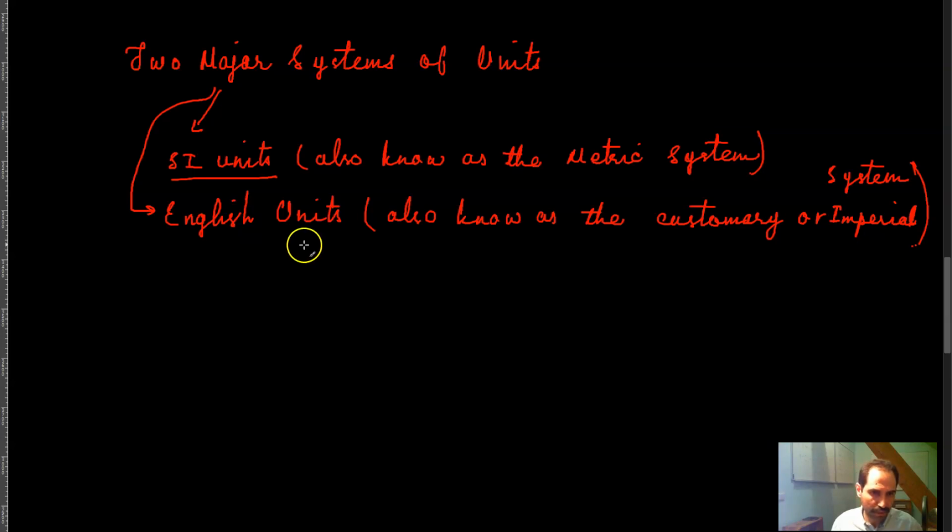When you rule a country, then your language becomes the language of that country, and all of your standards become the standards of that country. For that reason, the English units were introduced almost all over the world, and were being used all over the world until the SI units came to be. So this is also called the customary or the imperial system.